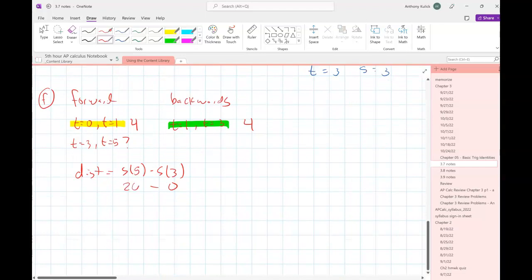You could use your calculator. So my total then is 4 plus 4 plus 20. And I think the units were in meters, right?